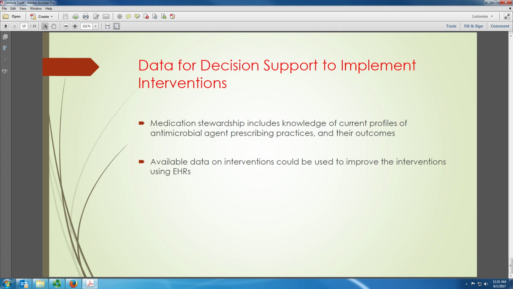Medication stewardship includes knowledge of current profiles of antimicrobial agent prescribing practices and their outcomes. Available data on interventions could be used to improve interventions using EHRs.